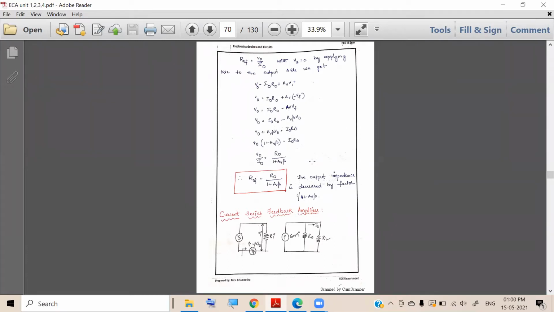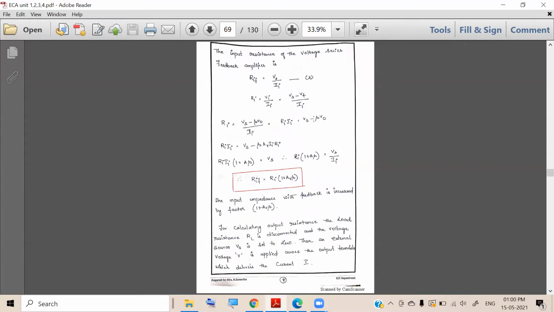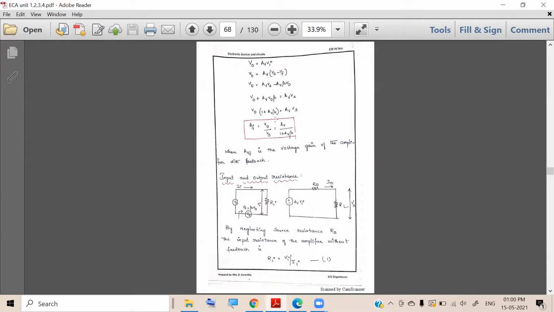If there is a series connection at the input side, the input resistance will be Ri into 1 plus A beta. For a voltage amplifier it is 1 plus AV beta, for a current amplifier 1 plus AI beta, for a transresistance amplifier 1 plus RM beta, and for a transconductance amplifier 1 plus GM beta. The factor is the same.